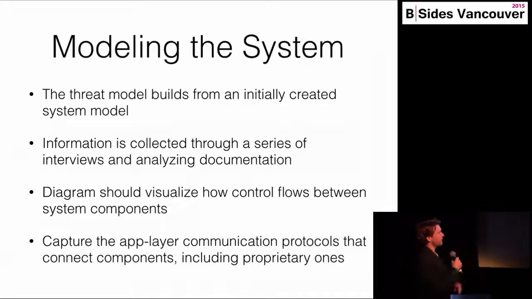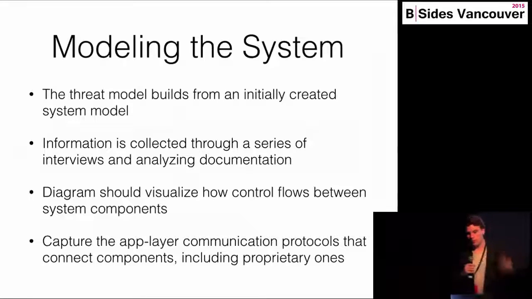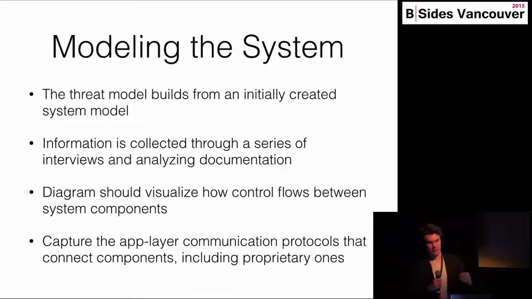So moving past that, modeling the system. As I said, we build our threat model initially from a system model. So we have to pictographically construct what a gaming system looks like. And again, a gaming system can be many things. It can be anything from the Angry Birds mobile app, or Candy Crush communicating with Facebook servers for authentication and session state management.